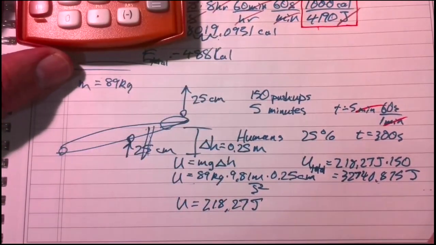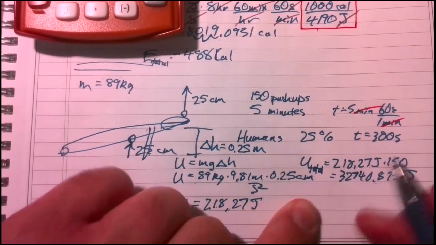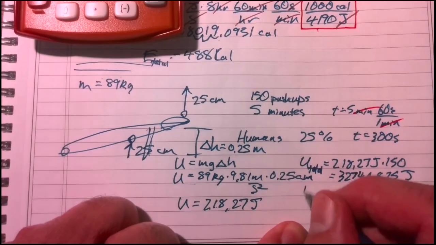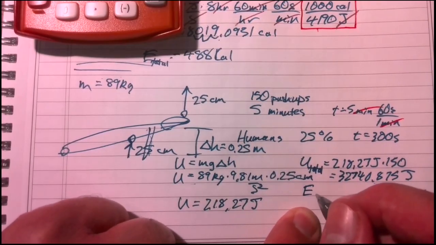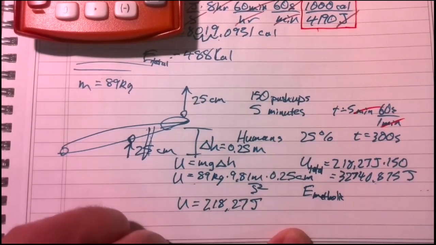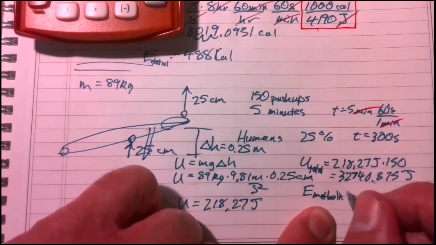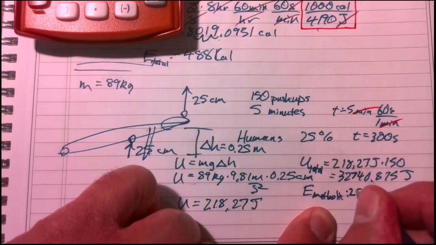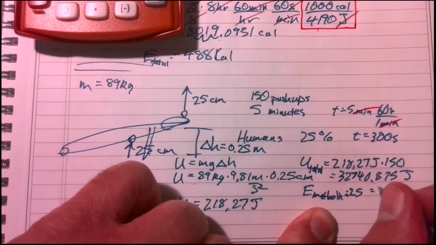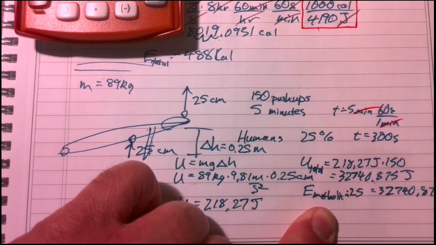Are we supposed to convert this? I don't want to convert it to calories. So, human beings are 25% efficient. So his total metabolic energy, and humans are 25% efficient, equals 32,740.875 joules.